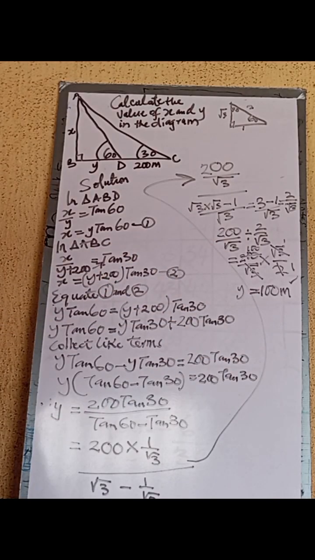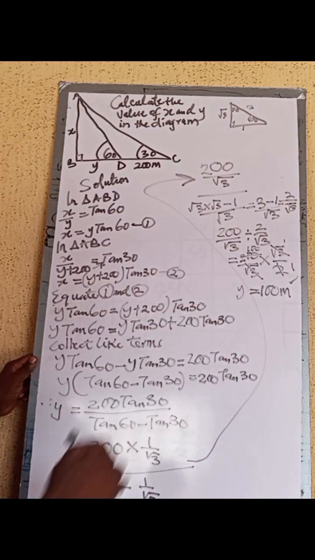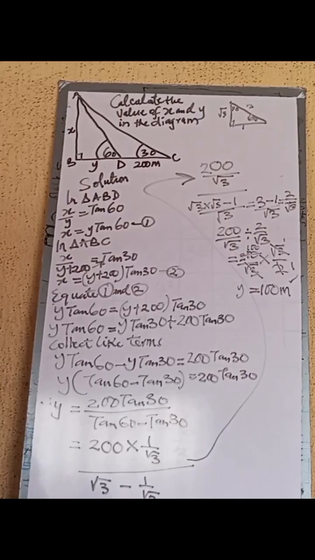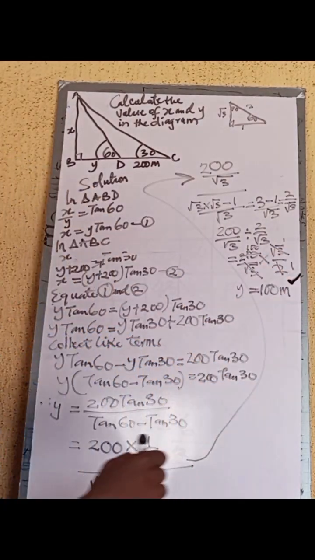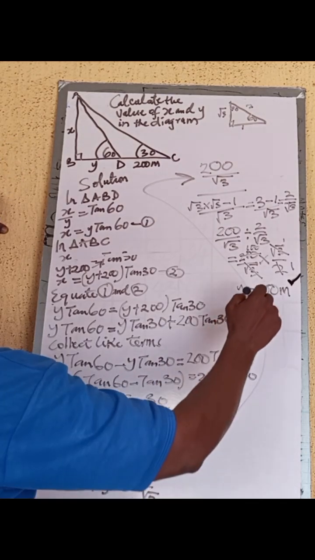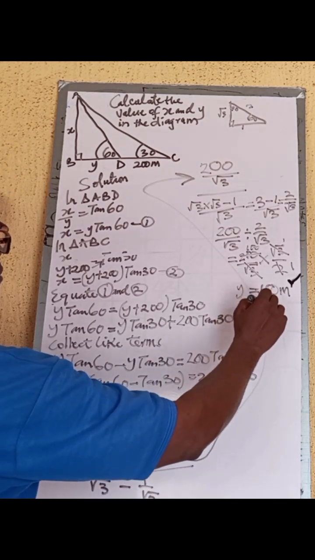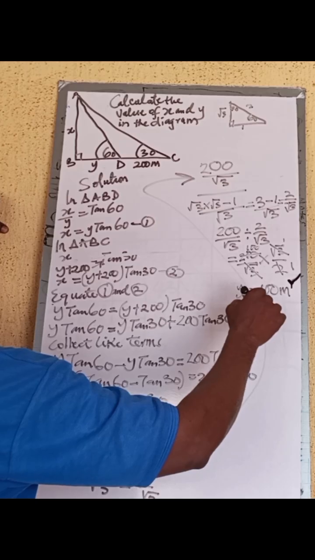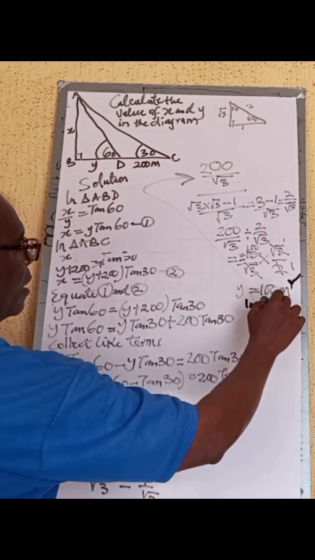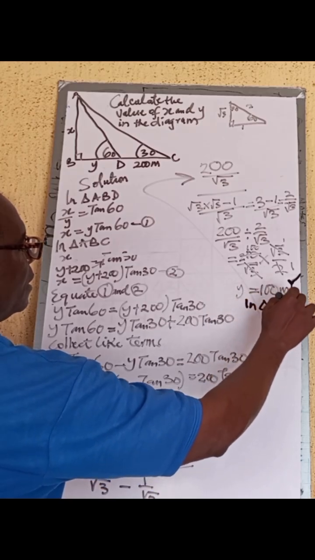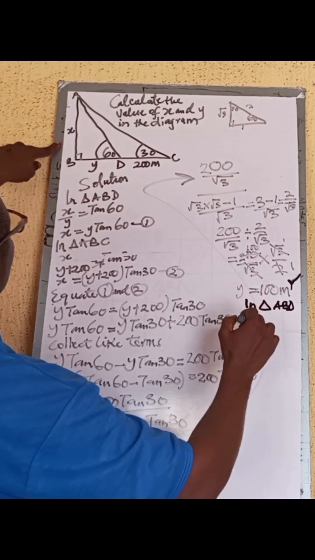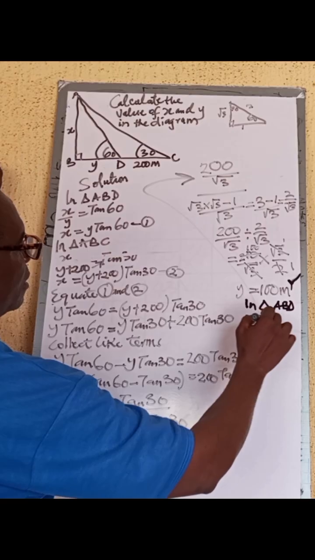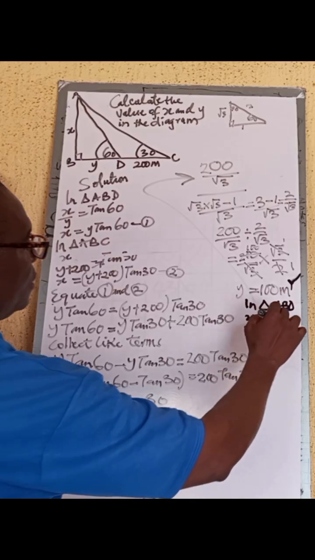That's good. So we want to calculate our x. Having said that, we're putting our y as 100. To get our x in triangle ABD, you can see that x over y, 100, is equal to tan 60.